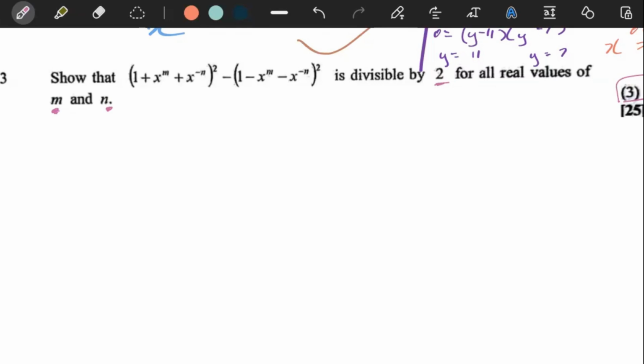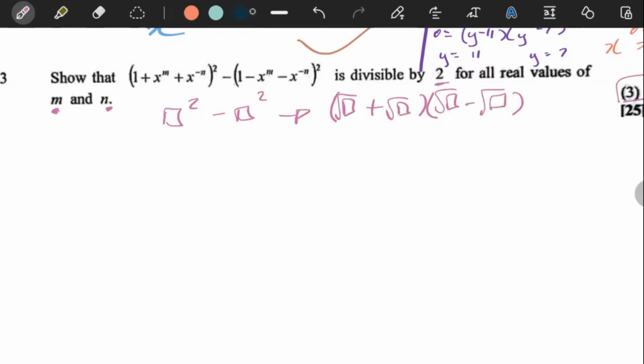But the one thing I was missing is that this is the difference of two squares. You see, you have something squared minus something squared. For something squared minus something squared, you can always just have two brackets, one with the square root of the first thing, and then the other one with the square root of the second thing, one with the plus, one with the minus, you see.